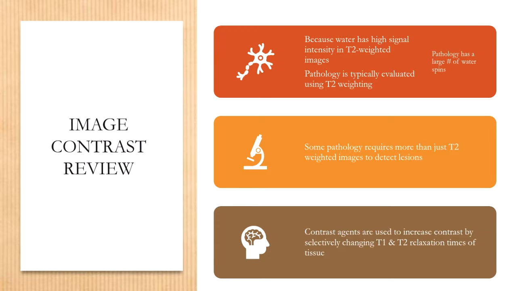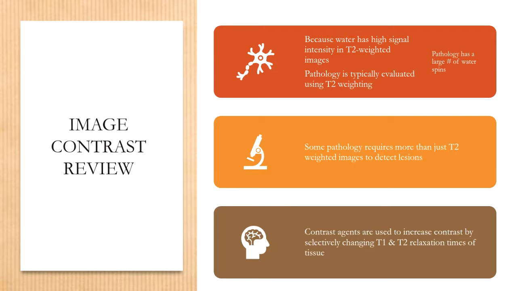And that's mostly due to the fact that pathology will tend to have a higher concentration of water molecules due to edema, inflammation, etc. So in general, we're able to view pathology without the need for any type of extra contrast medium.